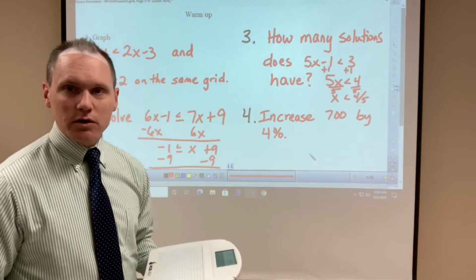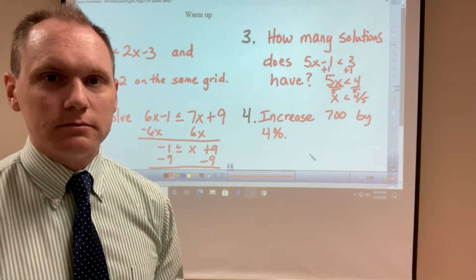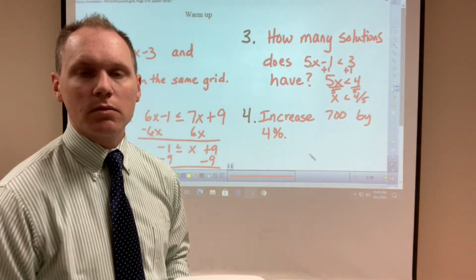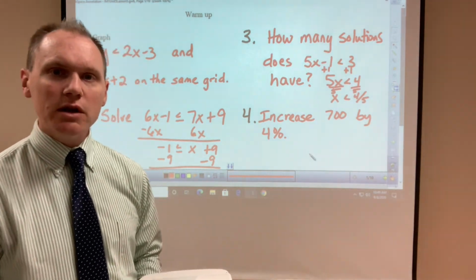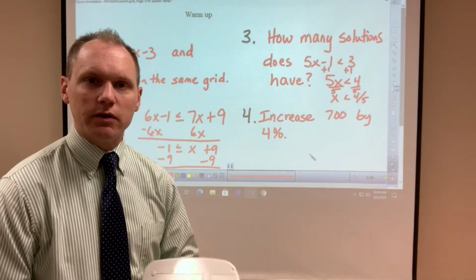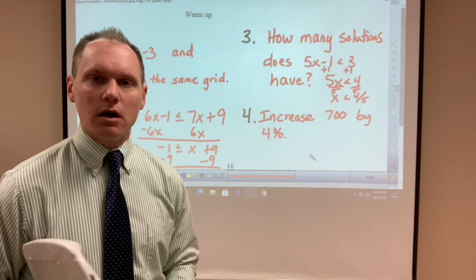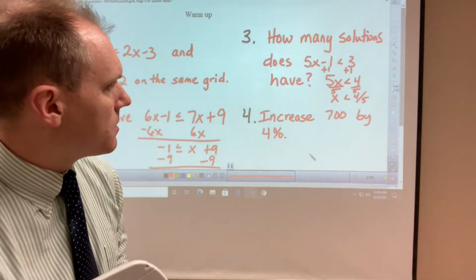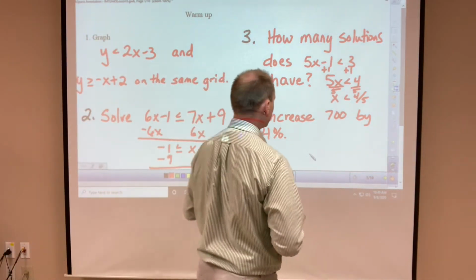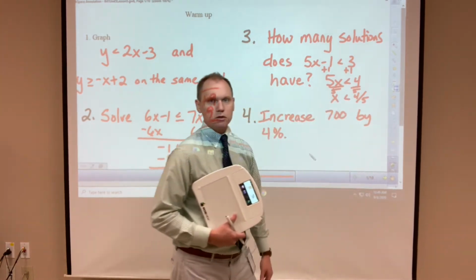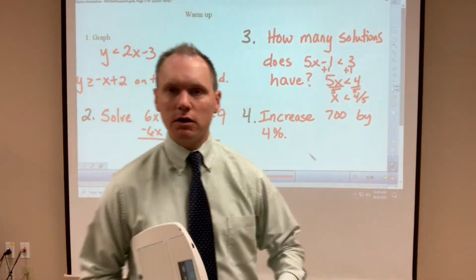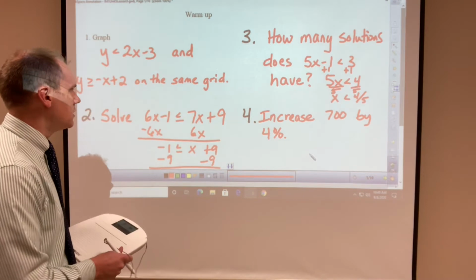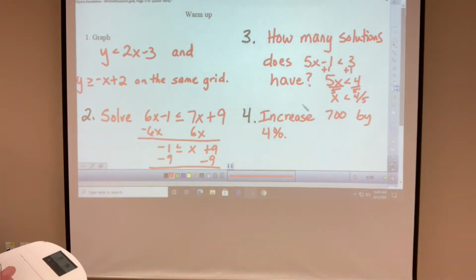How many numbers are there below 4/5? There's an infinite number of numbers, right? So inequalities actually give us a solution set or interval rather than a particular number value. Negative 2 would be a solution, negative 100, 0, and any of those would be solutions to that inequality.